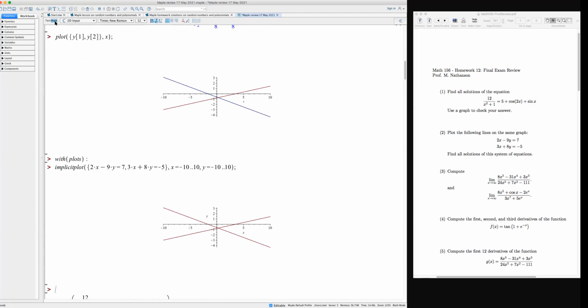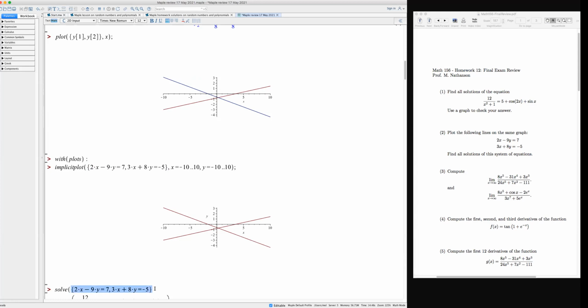So I could just do it like this. I could say solve these two equations, and I'm solving for two variables.